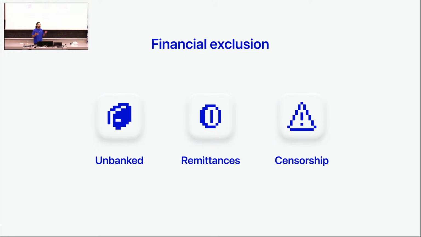So there is $1 trillion going from Western countries to these poorer countries. And this money is managed by a few companies, maybe you know Western Union, MoneyGram, these guys. They take from 5 to even, in some cases, 30% of commission on those payments.